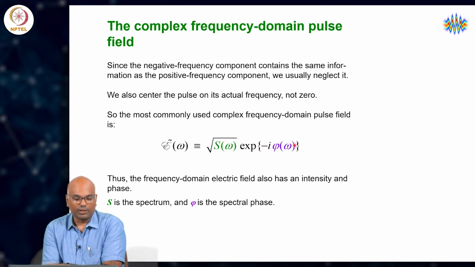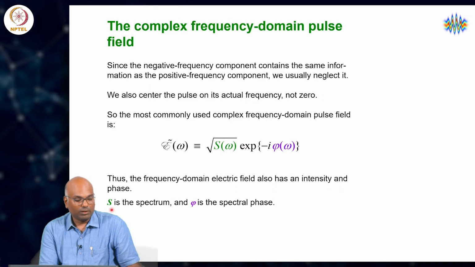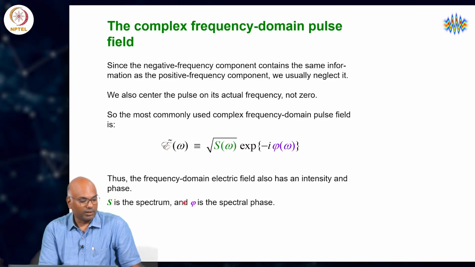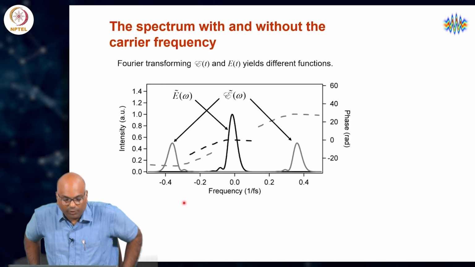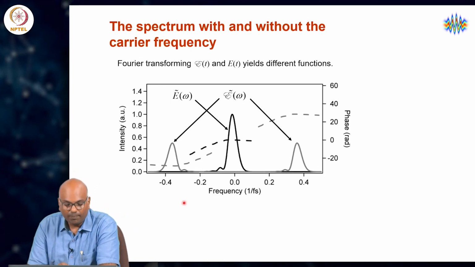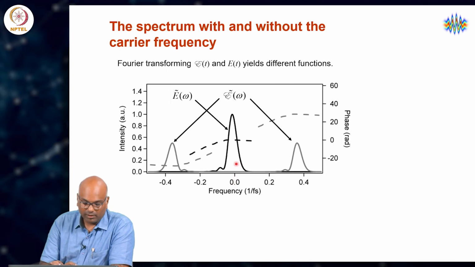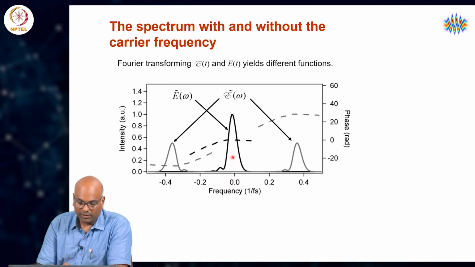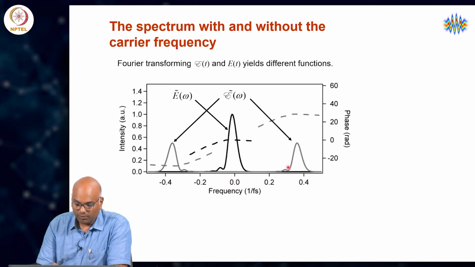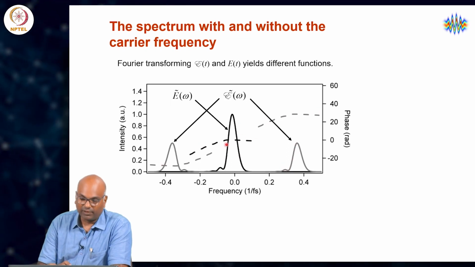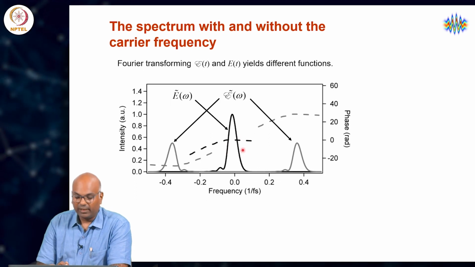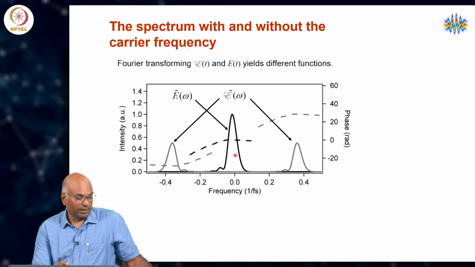The same information is contained using the same variables E, S and phi, so that although we will use this interchangeably, we will have in all these cases a spectral amplitude part and a spectral phase part, all of which contain the same information identically.